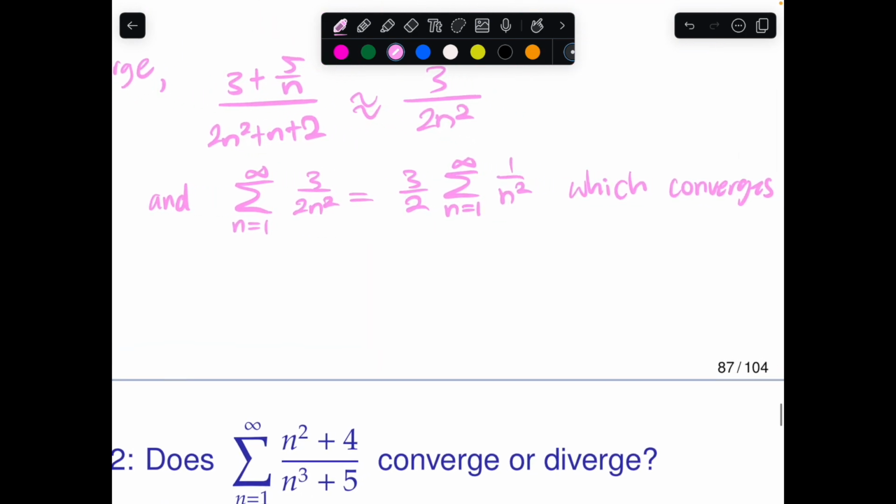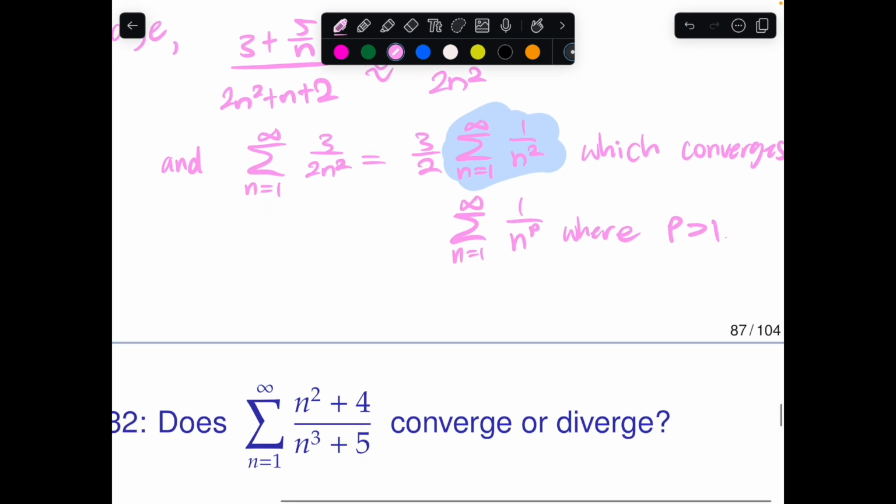And the reason this converges is because this here is of the form of our harmonic p series, 1 over n to the p, where p is greater than 1. So therefore it converges. So we expect convergence.